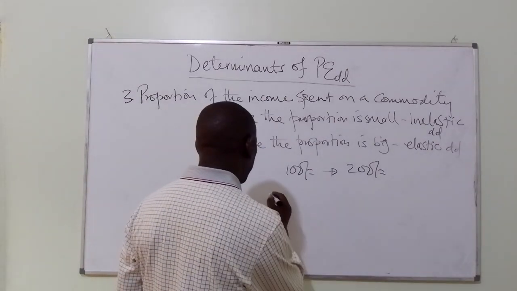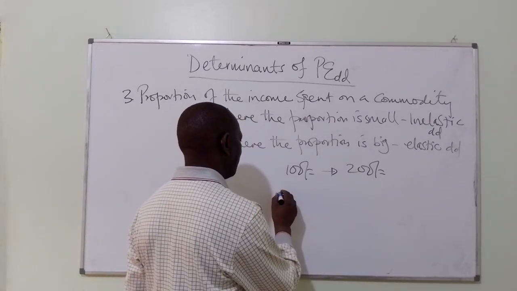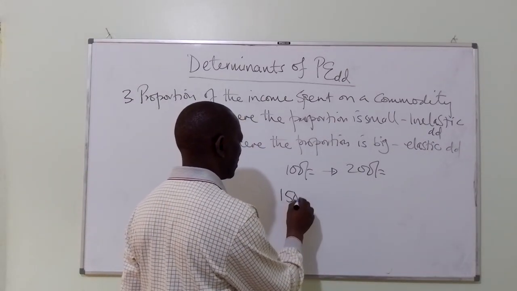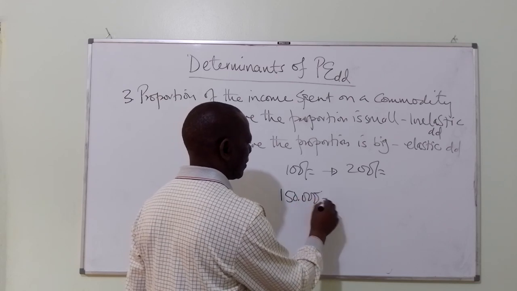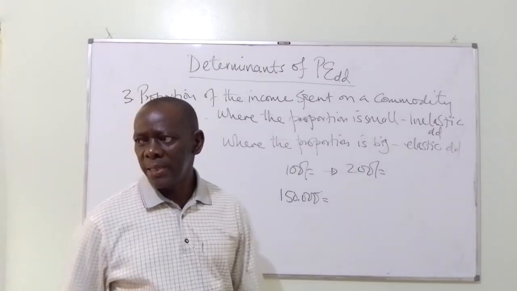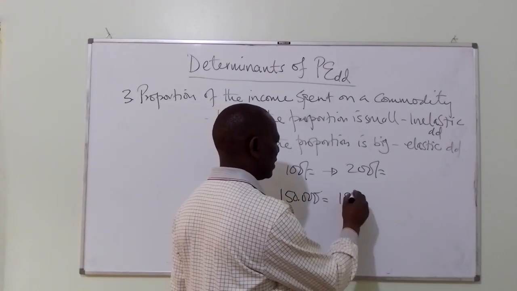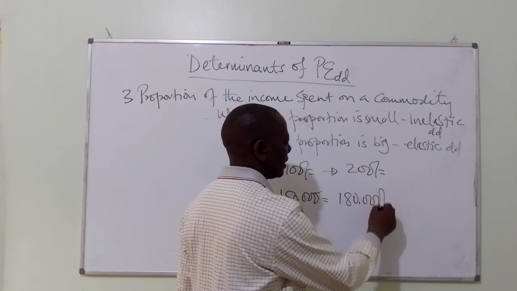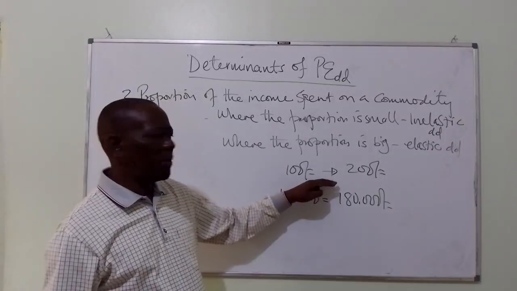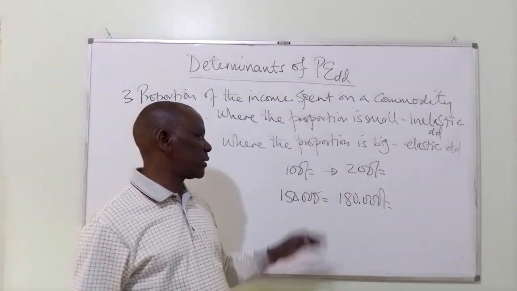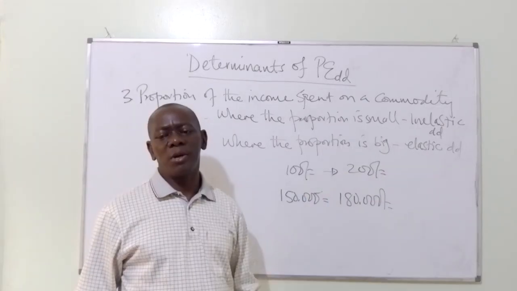But if a radio costs, say, 150,000, someone goes back and works for this radio. When he comes back, it is 180,000. He may not buy it. But you do not refuse to buy a matchbox whose price has changed from 100 to 200.